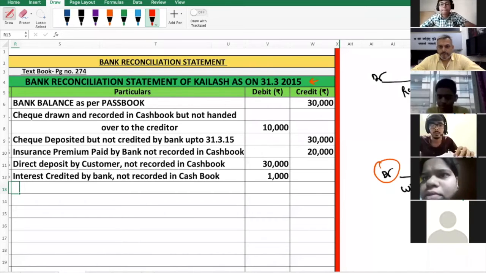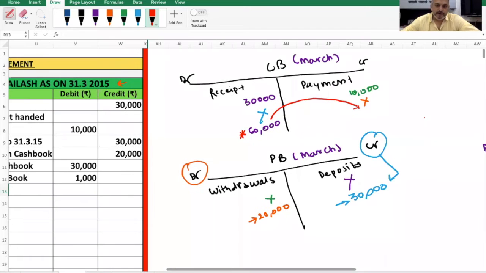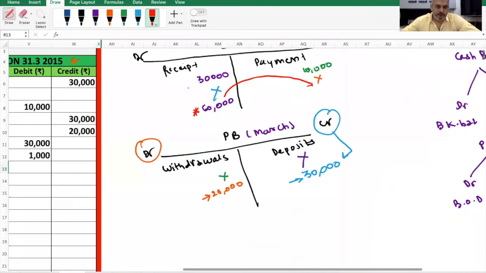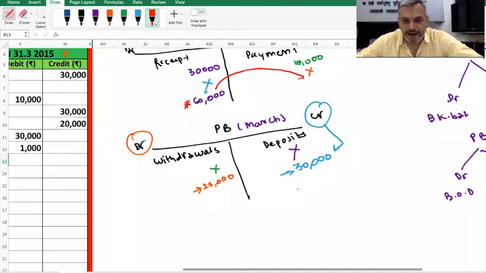Okay. Yes, sir. Now, see, practically what happens when a check is dishonored? You have recorded in cash book when you went to deposit the check, but then unfortunately the check got dishonored. So what will bank do?